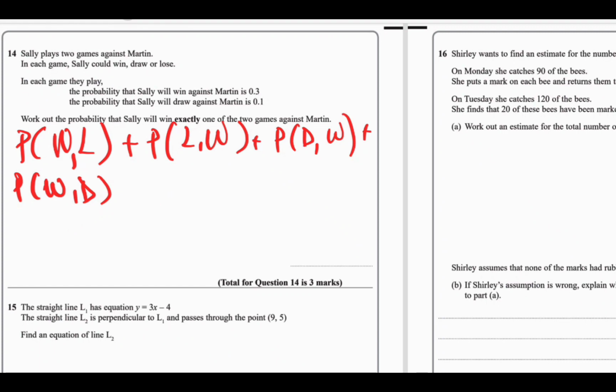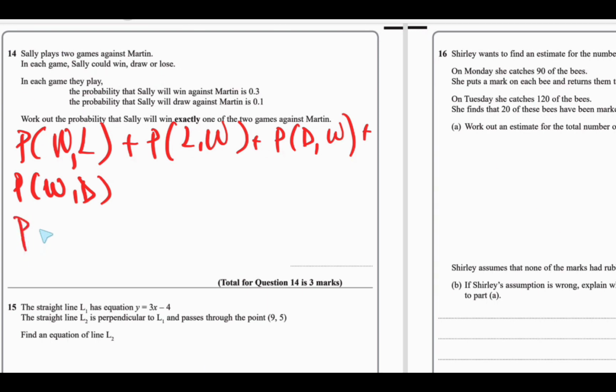I guess you guys see where this is going. She can either win and draw, or win and lose. Those are all the possibilities. And now we just plug those in right there.